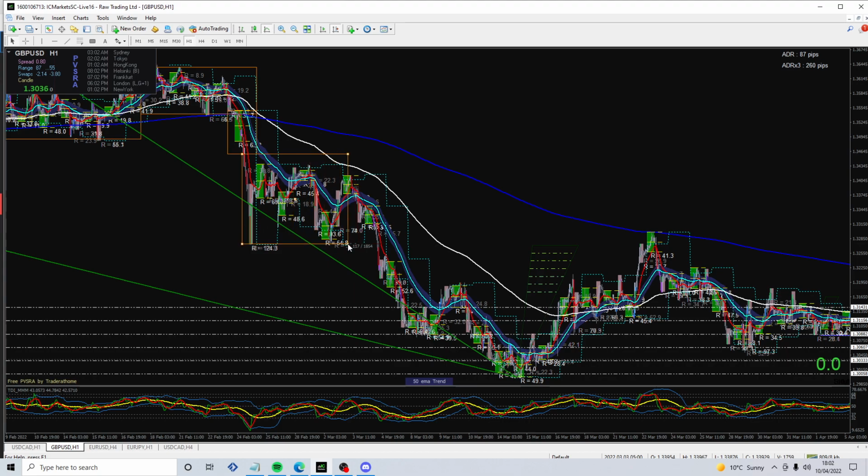Right, so that was level 1, 2, and 3. That was 2 times ADR. That's 87 plus 87, this box, or close enough to it. Level 1, 2, and 3. Reset 1, 2, 3.